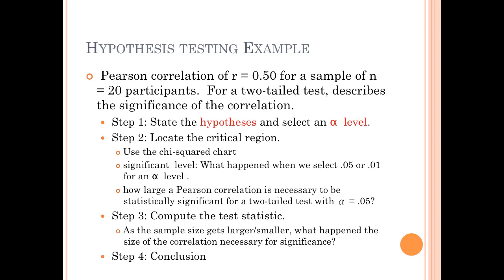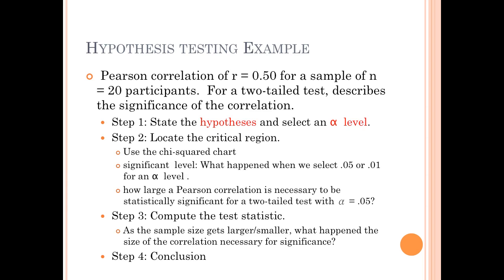So, for this particular scenario, how large of a Pearson correlation is necessary to be statistically significant for a two-tailed test of alpha of 0.05? Tells you there were 20 participants, so you go to degrees of freedom of 18 and over to 0.05, and you would need to get a correlation greater in magnitude than 0.4438.